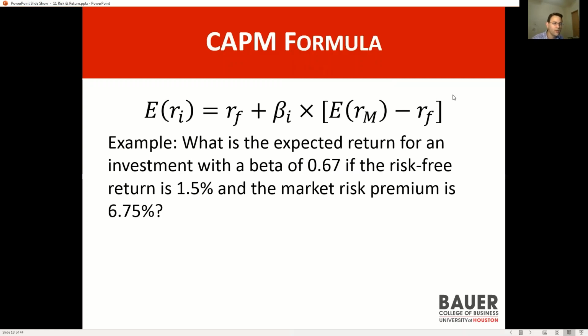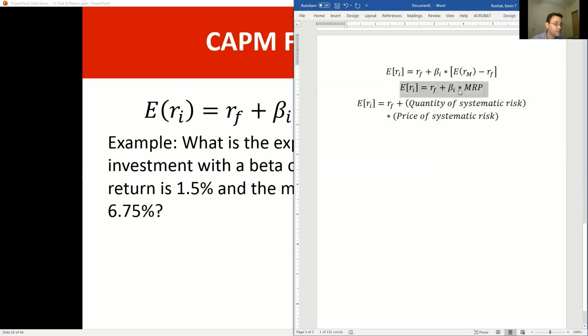Okay, so we've talked through the derivation for this formula, kind of the intuition. Next, I want to make sure that we can plug in numbers and get the right answers. So suppose, and I'll mention real quickly here, that when we do this, it's important to note that the only thing that changes from one investment to another is beta. Okay, that's what's important if we move from Apple to HEB or something like that.